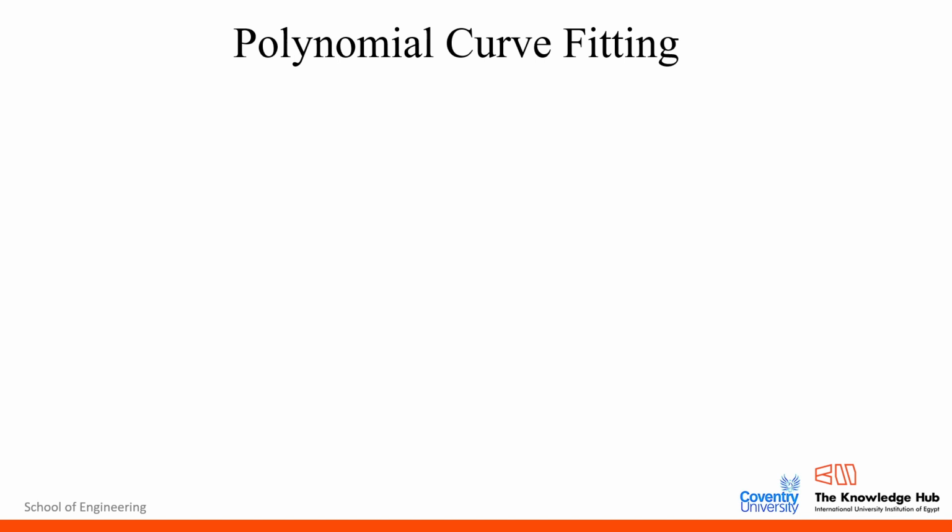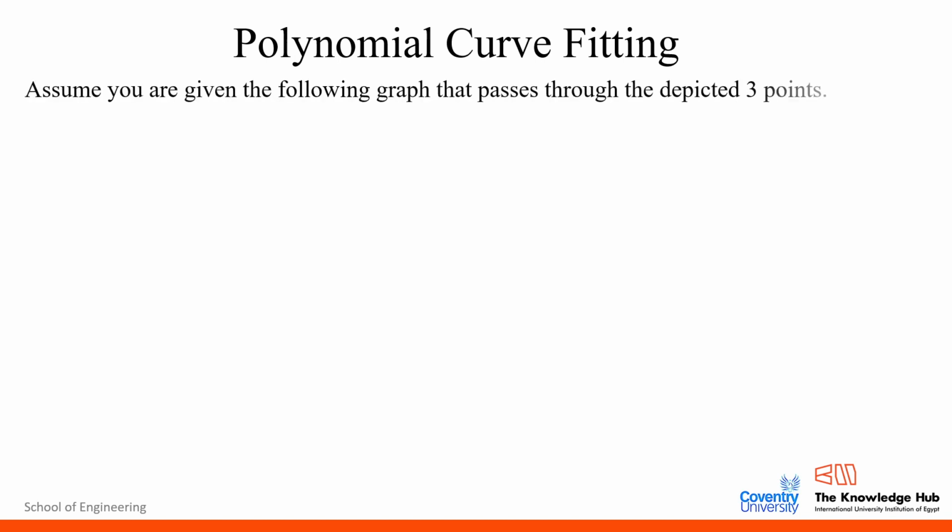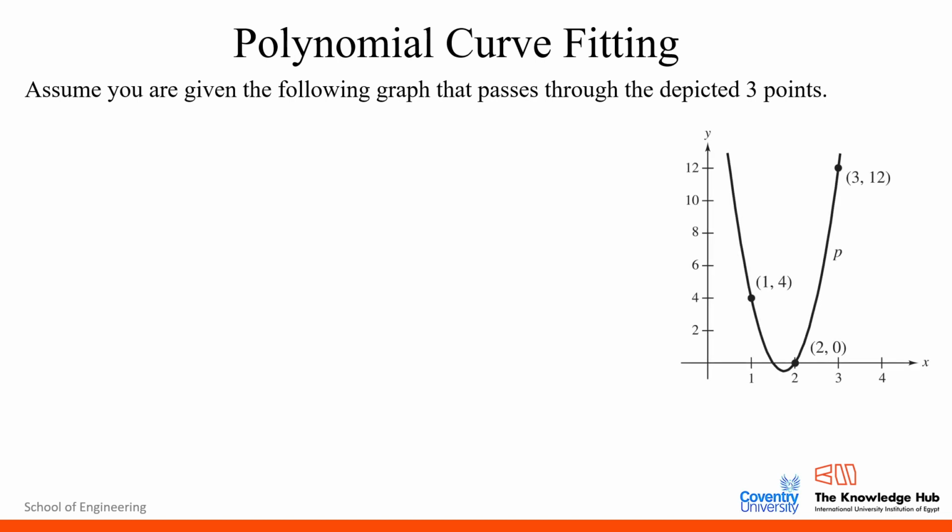at what's meant by polynomial curve fitting. So, assume that you are given the following graph that passes through the depicted 3 points. We have here 3 points: (1, 4), (2, 0), and (3, 12). This number represents the x coordinate, and this number represents the y coordinate.